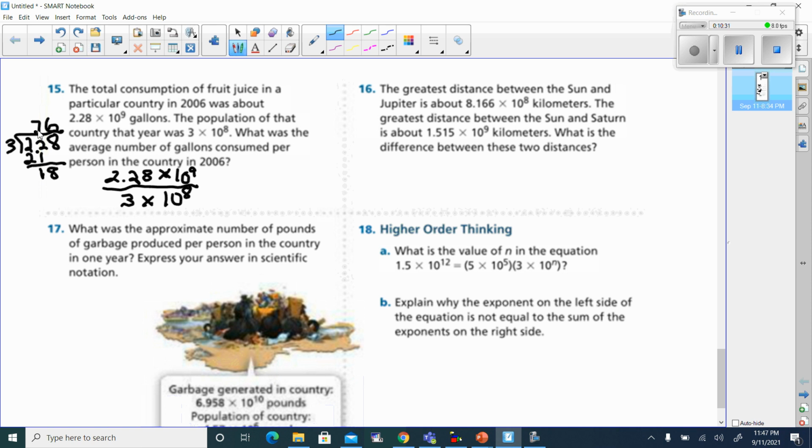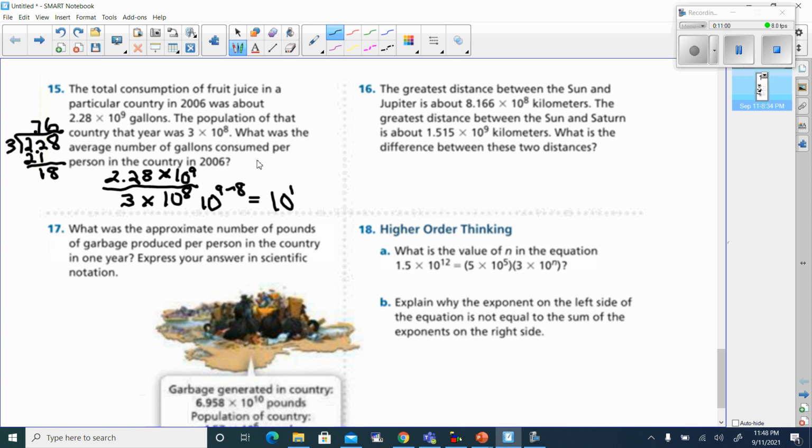But no, wait a minute. Remember, our first number has to be between 1 and 10. So we're going to have to move this decimal over 1. All right? Let's check our powers now. This 10 to the 9th divided by 10 to the 8th is going to be like 10 to the 9 minus 8. And that's 10 to the 1 power, which is 10. So now we have our new number.